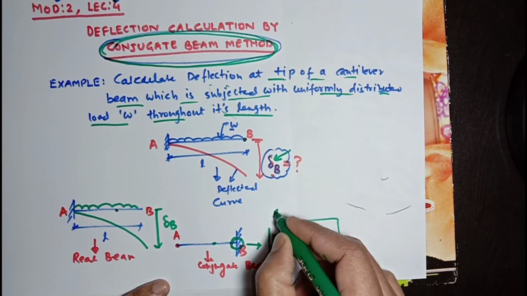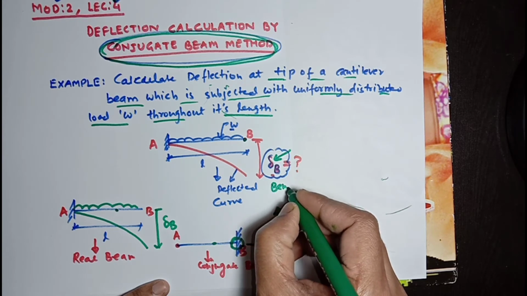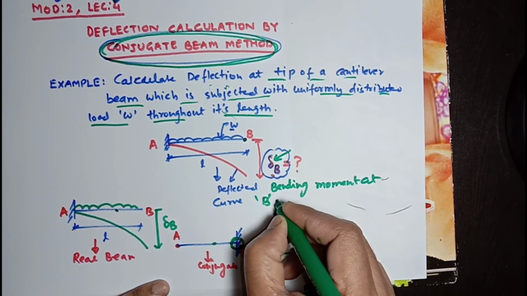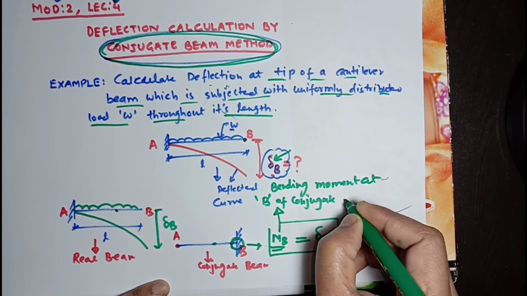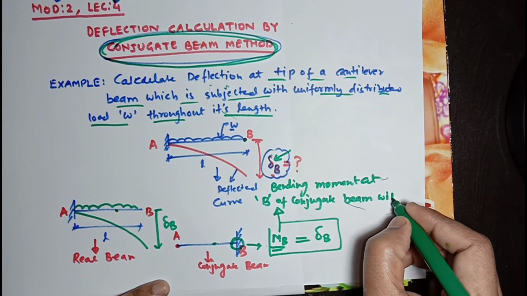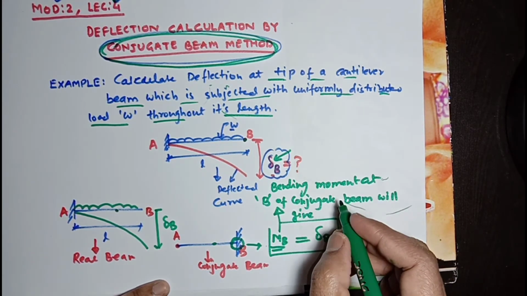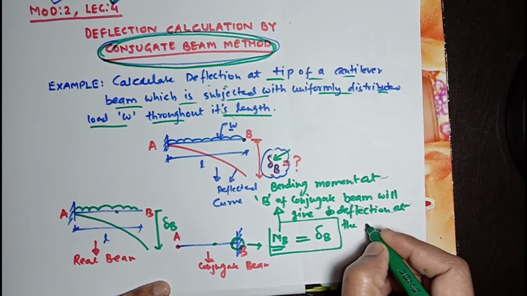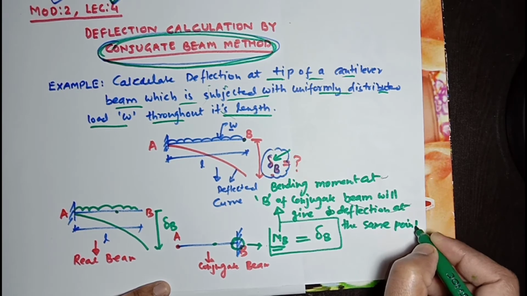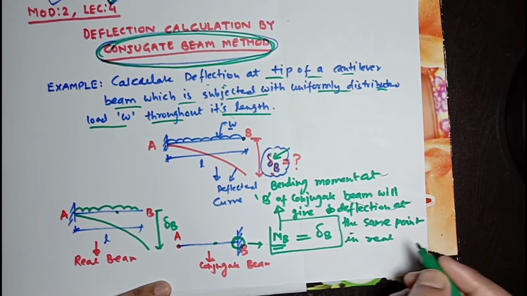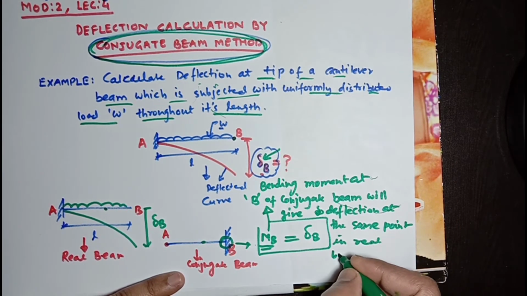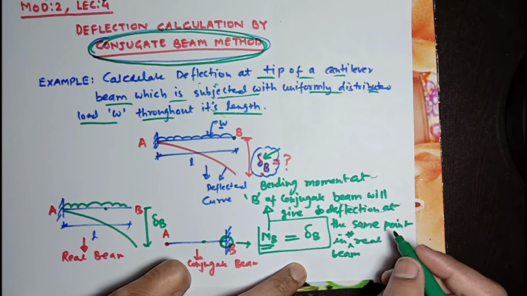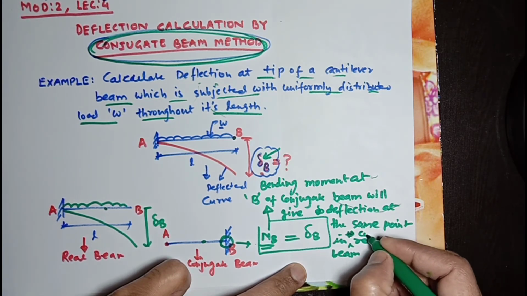The bending moment at B of the conjugate beam will give the deflection at the same point in the corresponding real beam.